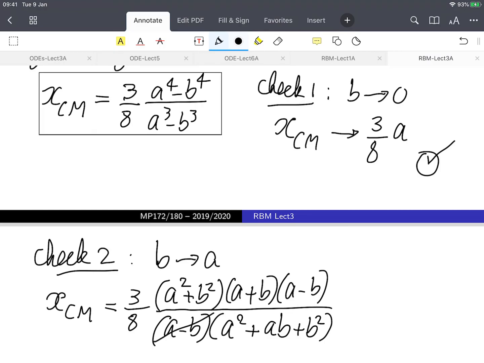So that removes the singularity. Top and bottom can be simplified by A minus B, and I can take the limit when B tends to A. At the top, it's going to tend to 2A squared times 2A. That's going to be 4A cubed.